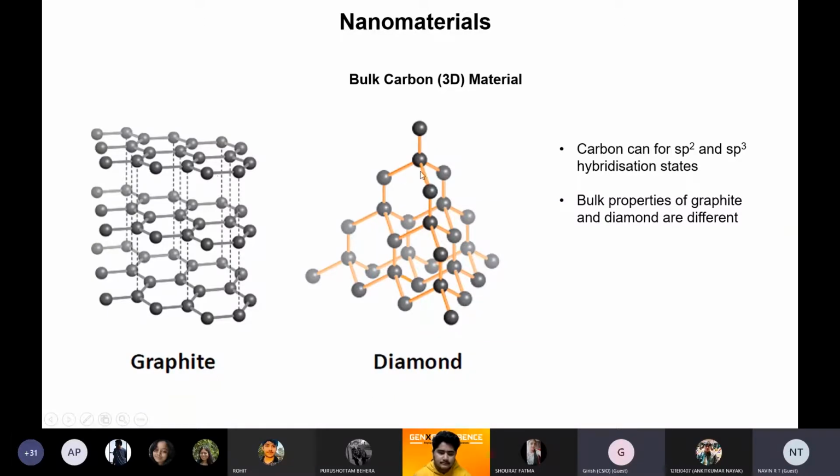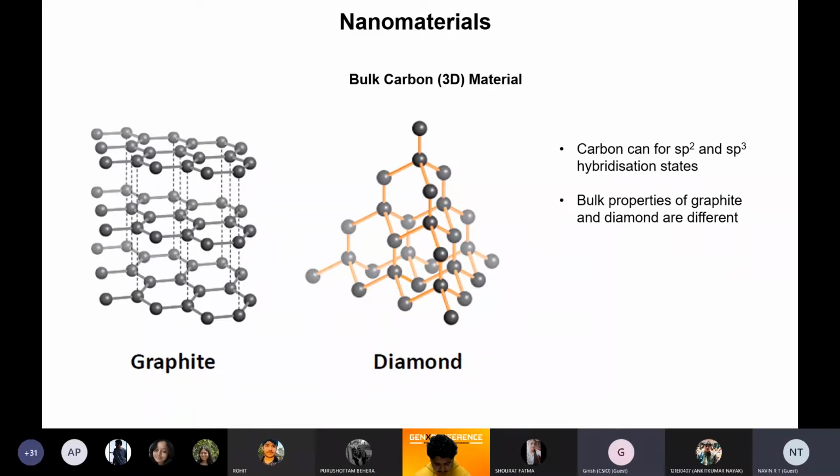Whereas in diamond, a carbon is bonded with 4 other carbon atoms and takes sp3 hybridization, which gives it a tetrahedral shape. Just with the difference of this sp2 and sp3 hybridization, we can see a tremendous change in the physical properties of these two materials.